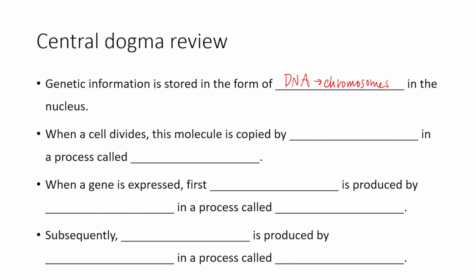So now that we have our DNA that is stored in the nucleus, when a cell divides, how do we copy the DNA? What enzyme does that? Yeah, exactly. DNA polymerase. And what is that process called when DNA gets copied?